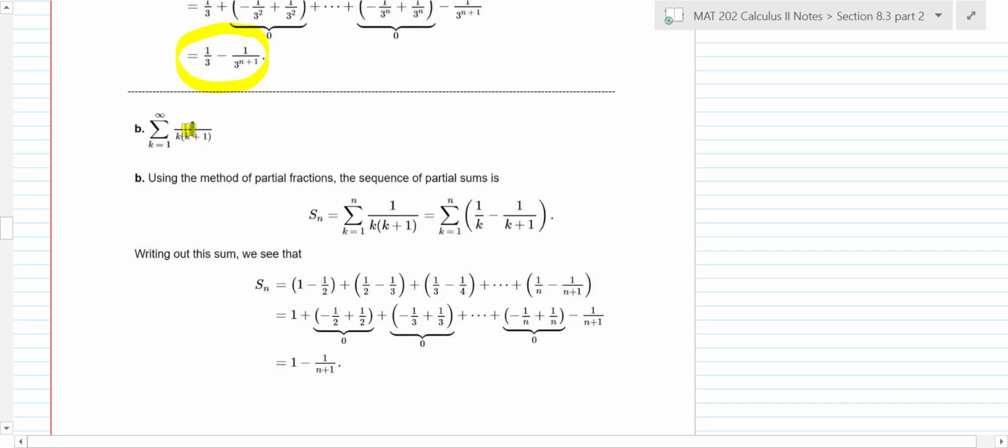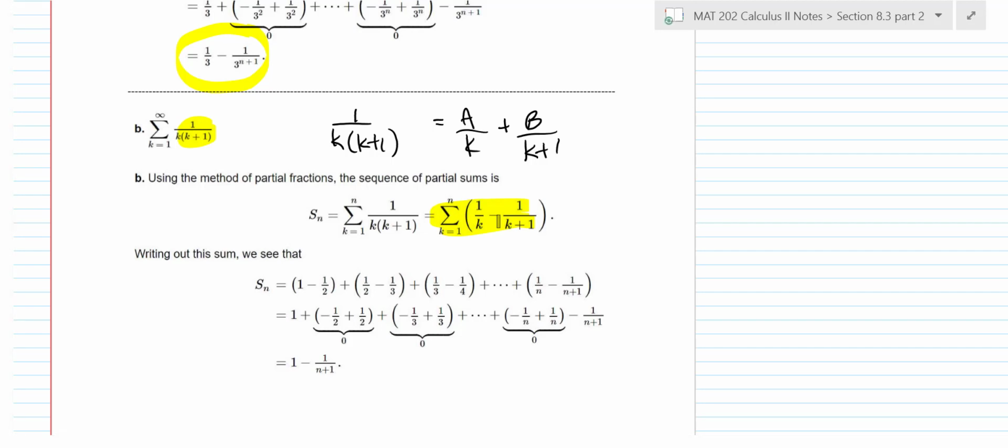This one I did partial fractions. I'm not showing the steps, but if you did partial fractions, like if you said 1 over k times k plus 1 is equal to a over k plus b over k plus 1, like you've learned, well, you would end up getting this. You would get 1 over k minus 1 over k plus 1. I'm not going through the details of that. I don't want to do that.